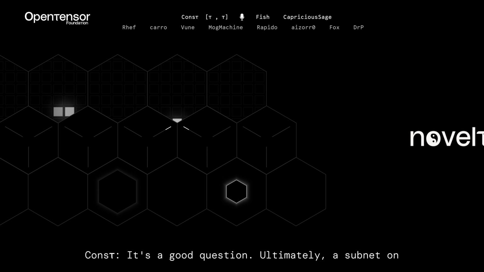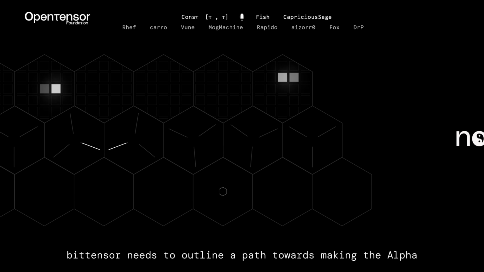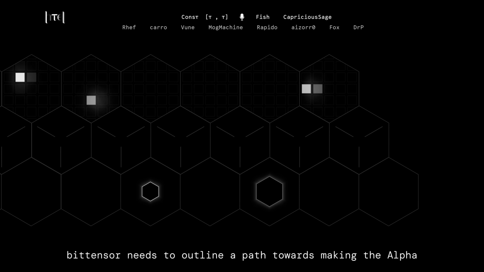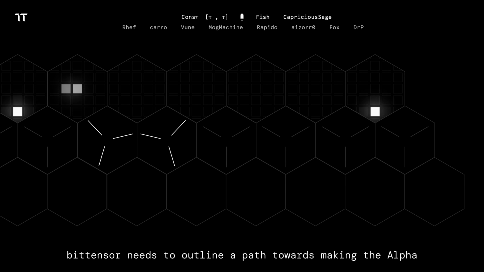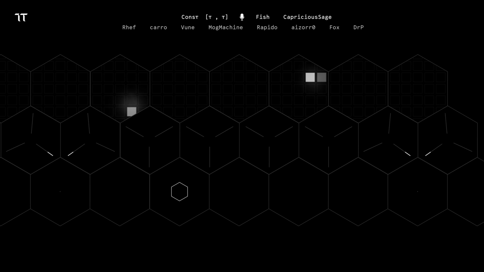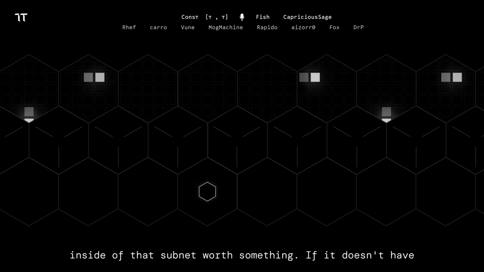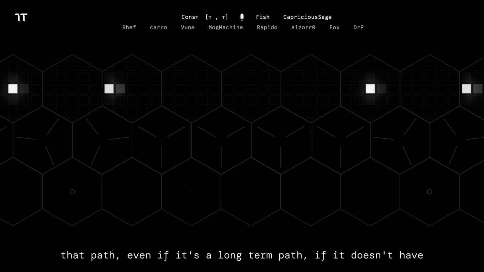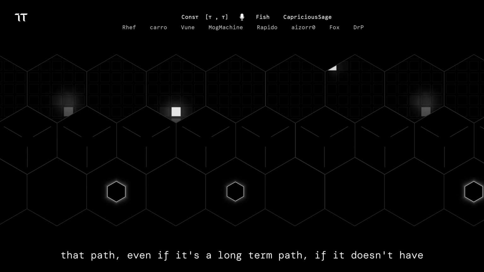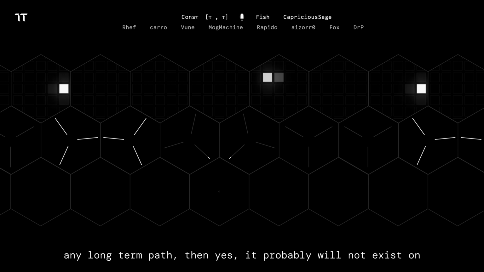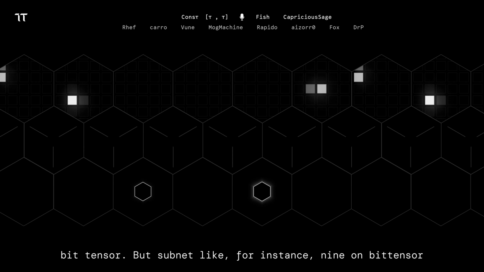Ultimately, a subnet on Bittensor needs to outline a path towards making the alpha inside of that subnet worth something. If it doesn't have that path, even a long-term path, then yes, it probably will not exist on Bittensor.